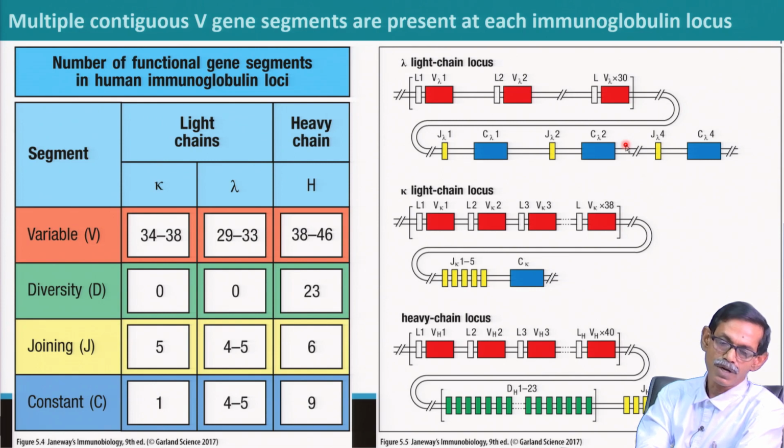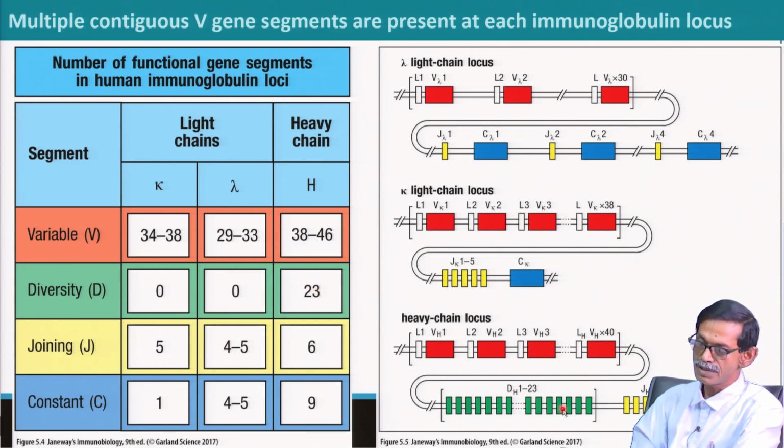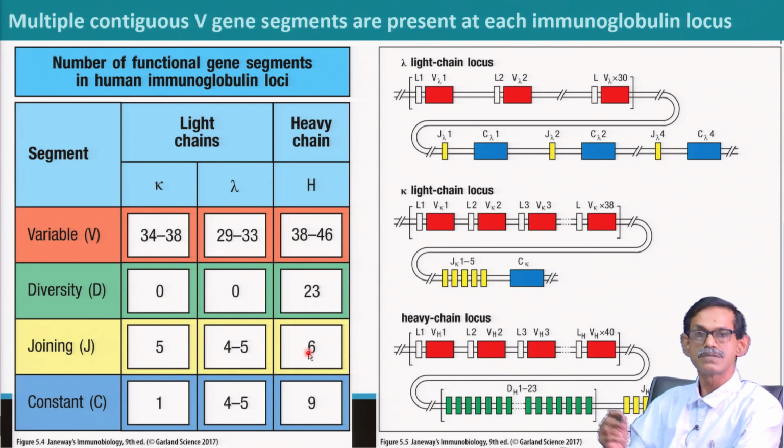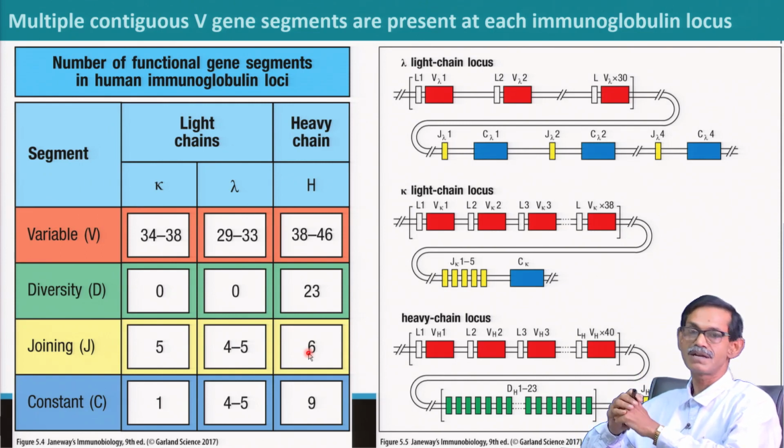For kappa chain, taking the maximum number 38, it is 38 times 5. For lambda chain it is 33 times 5. For the variable region of the heavy chain, recombination first happens between D and J, which is 23 times 6, and with that DJ combination V joins. If I consider 46 as the maximum, the maximum possibility is 46 times 23 times 6.